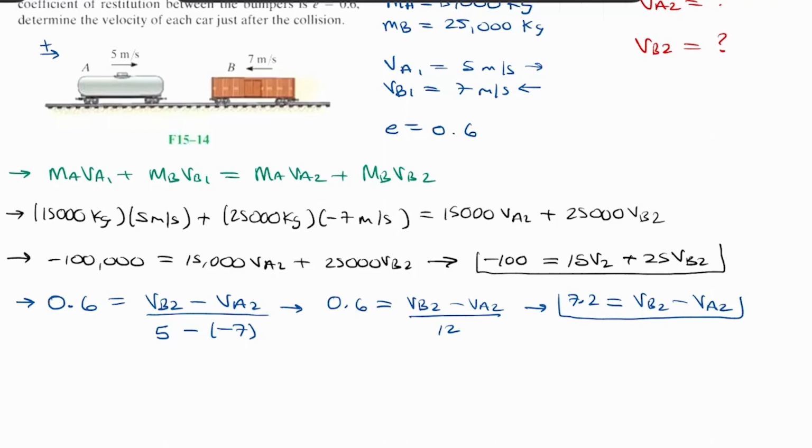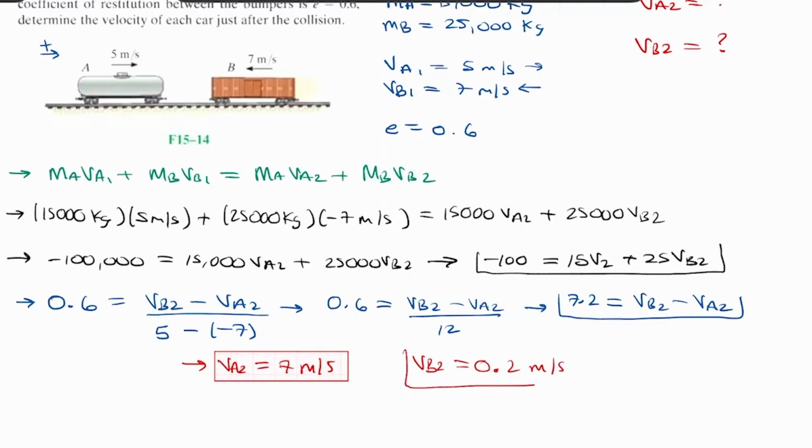I might do the system of equations. And after I did that, I'll find out that the velocity VA2 is equal to 7 meters per second. And the velocity VB2 is equal to 0.2 meters per second.